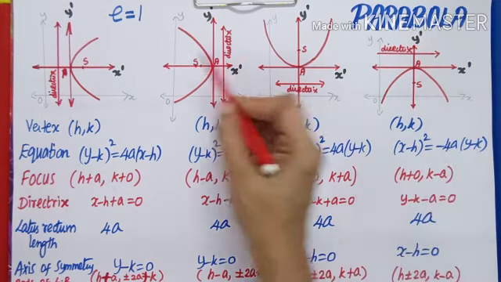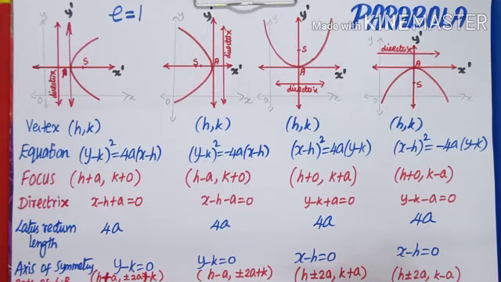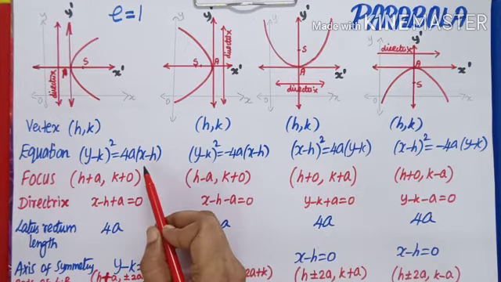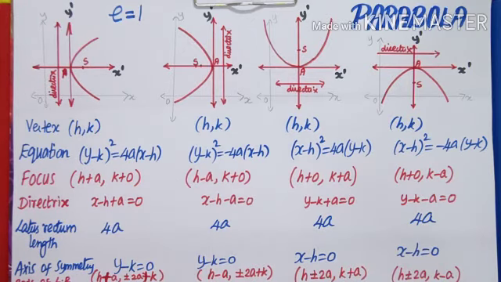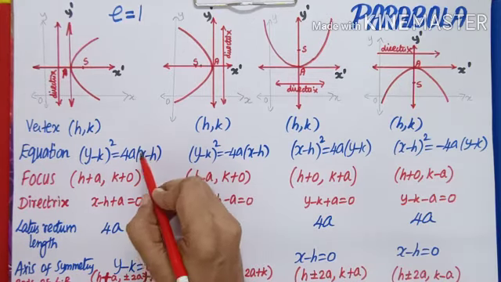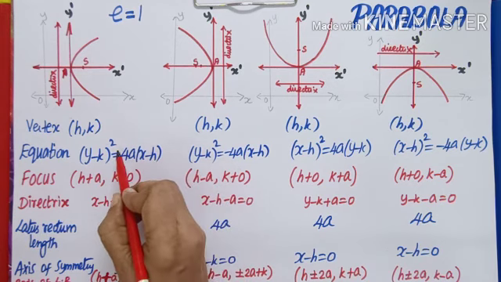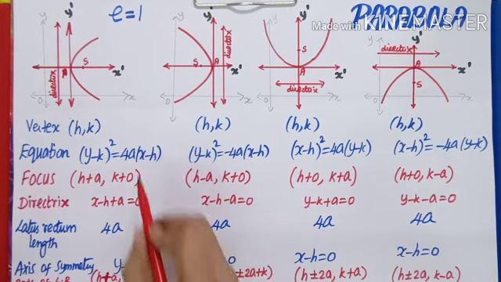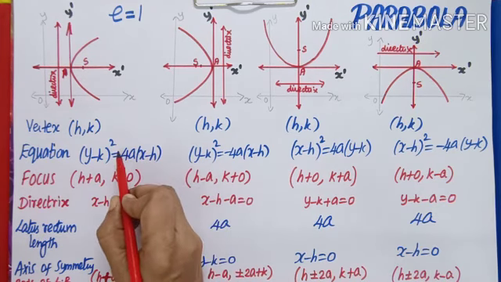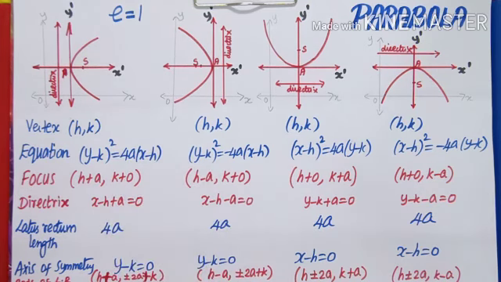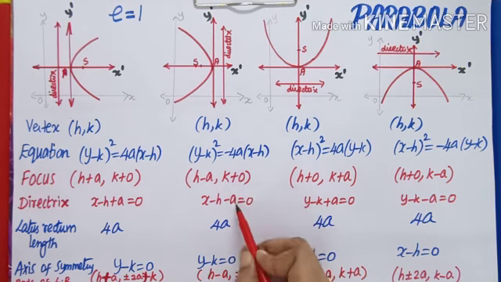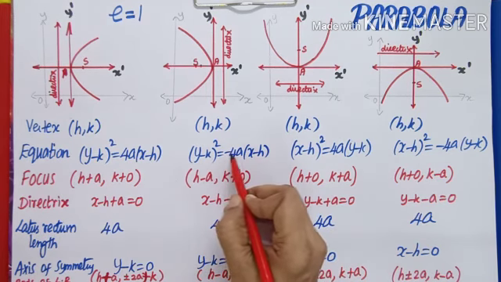Now how to write the equation of the directrix? You have to remember these equations from which we will write the directrix. To remember, x minus h, here plus symbol means plus a equal to 0. X minus h plus a equal to 0. How to write here? The directrix is x minus h minus a equal to 0 because minus sign is there.